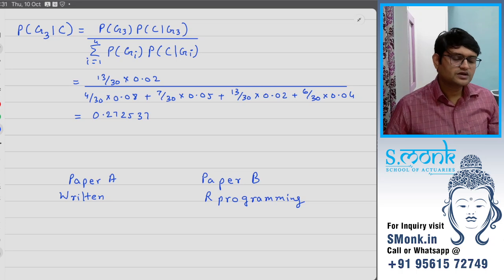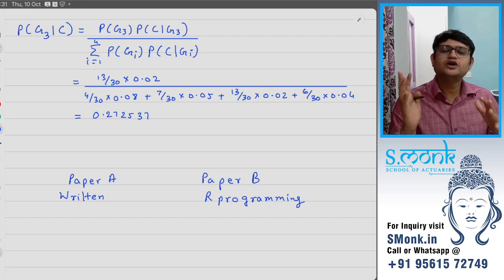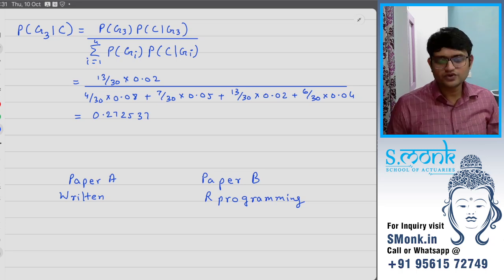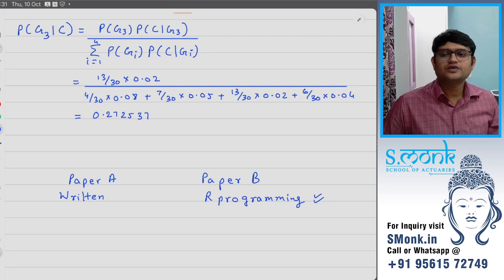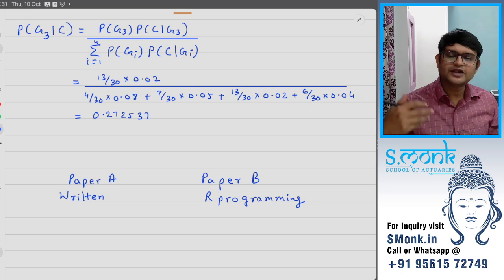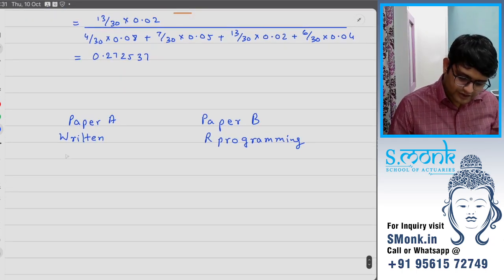But in real life, the data will be thousands of values. So you should be able to apply that using computers. The programming language that is going to be helpful is R. R programming helps us apply the statistics we learn in paper A in a practical situation. Both papers are 100 marks.